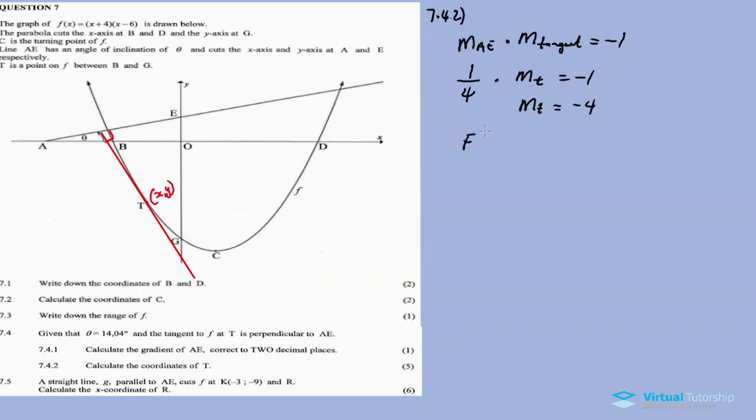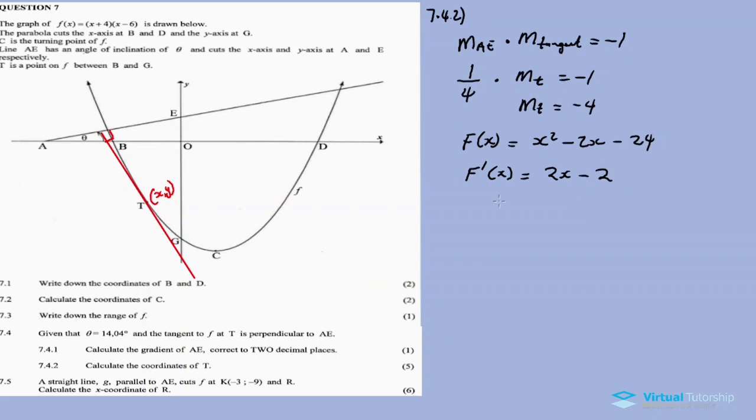Now f of x is equal to x squared minus 2x minus 24, and the first derivative is 2x minus 2. The first derivative is equal to the gradient of the tangent at this point.